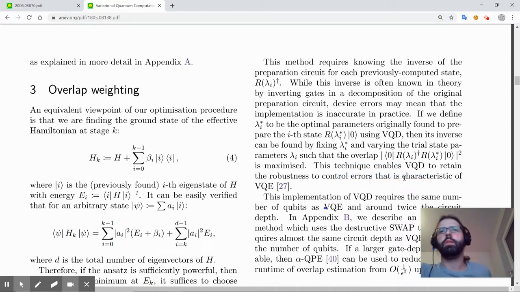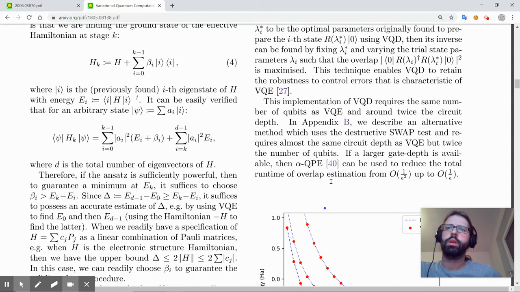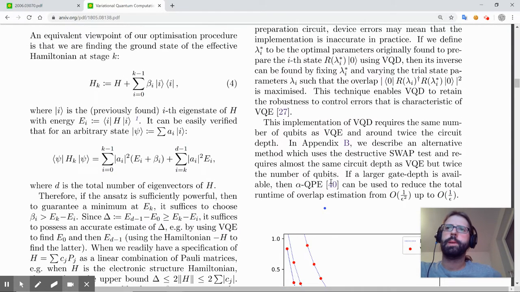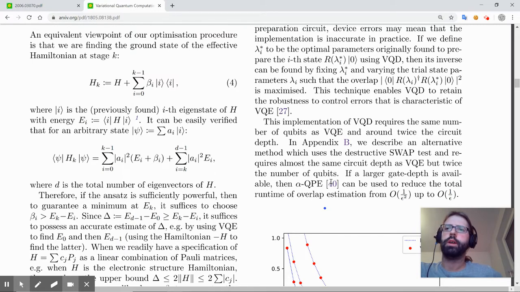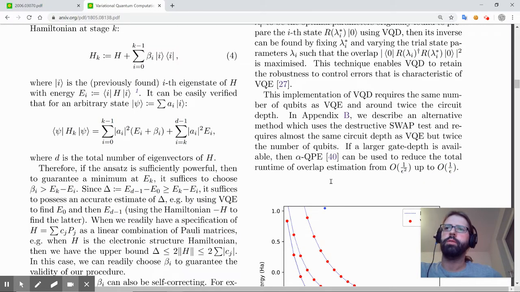Okay, this I don't get much. Why do you need the inverse? You're not minimizing for... you minimize the expectation value of the overlap. Why do you need the inverse? The overlap doesn't require the inverse.